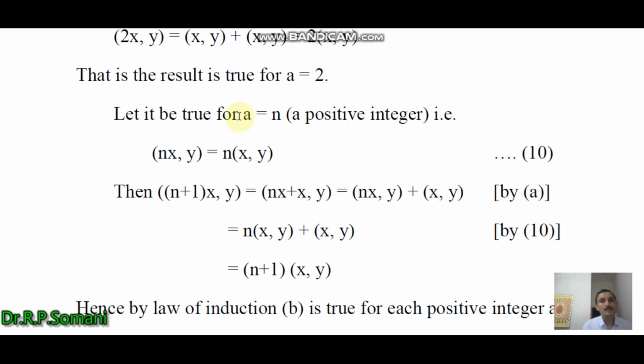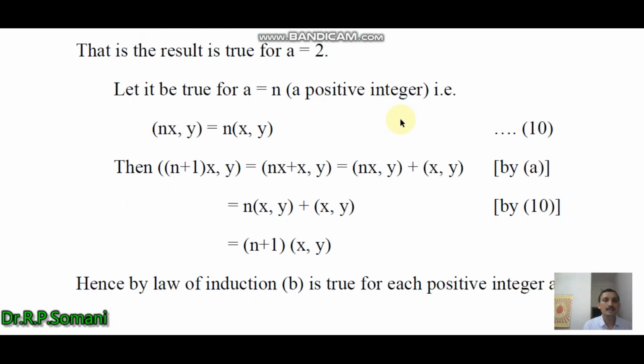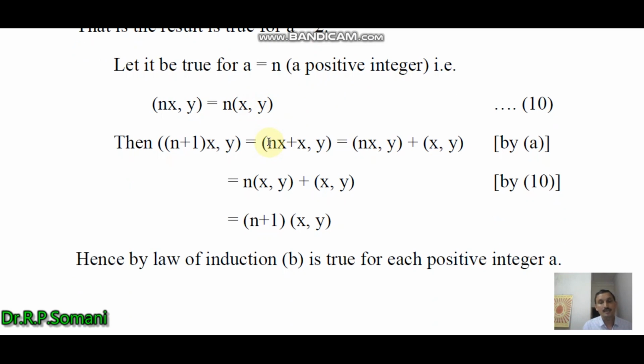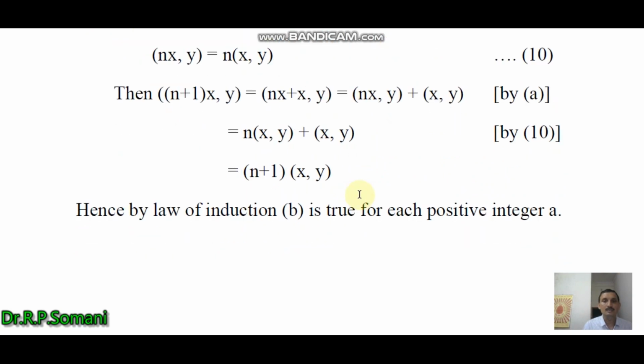Now let it be true for a equal to n, a positive integer, that is n x, y equal to n times x comma y. So then we check this for n plus 1. Let then n plus 1 x, y equal to nx plus x comma y equal to nx, y plus xy, and then as we have used equation 10, we can write this as n xy plus xy, and this is equal to n plus 1 xy.